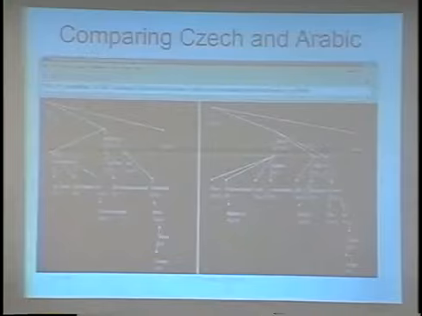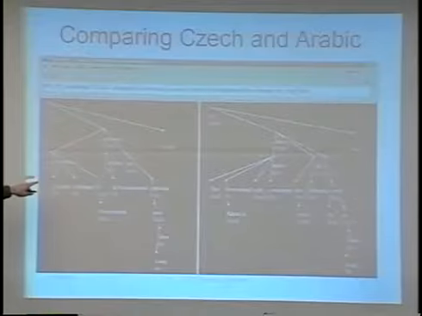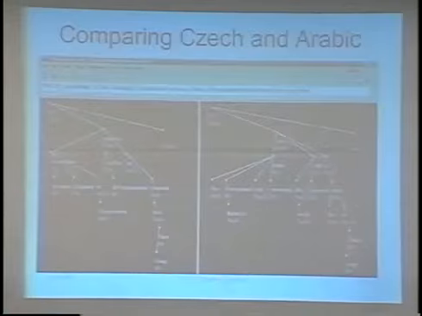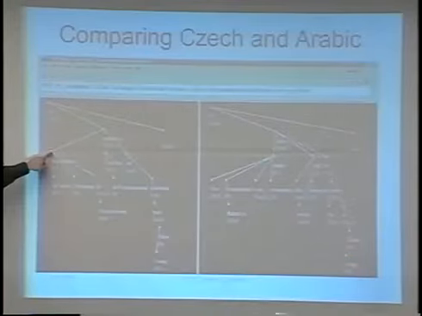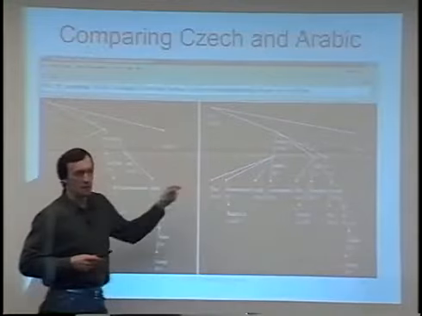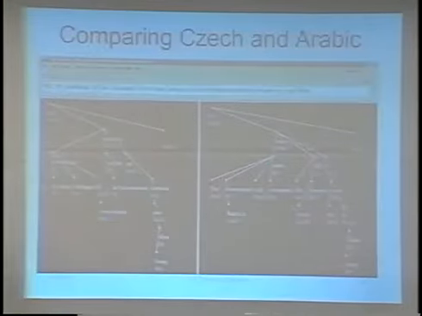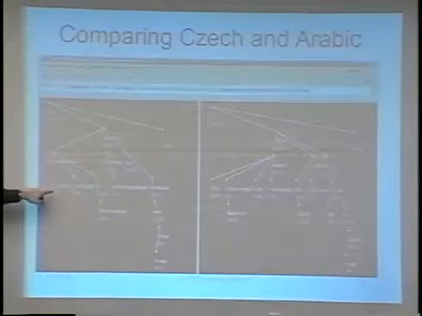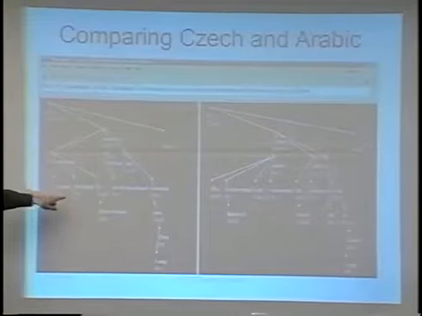And there are several differences. So first of all, the word order is different, as expected, right? The subject in English is the last word of the subject constituent. In Arabic, it's the first word. Then, if you look here, the order is also quite different.